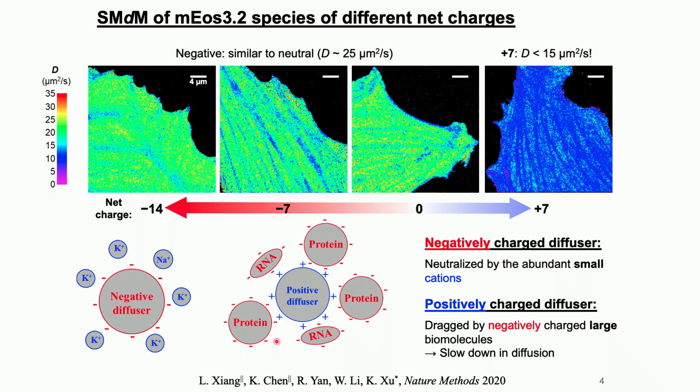What this means for a diffuser, though, is that a negatively charged diffuser is only really interacting strongly with the positive ions in solution, whereas the positive diffuser is more strongly interacting with the larger macromolecules, such as protein and RNA. As a result of these larger interactions, it is slowing down much more significantly.